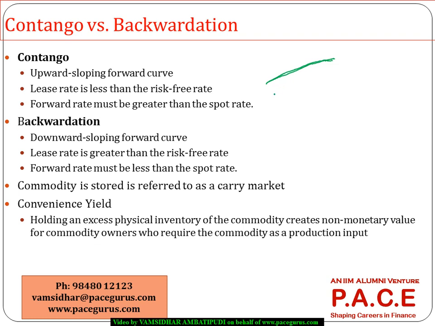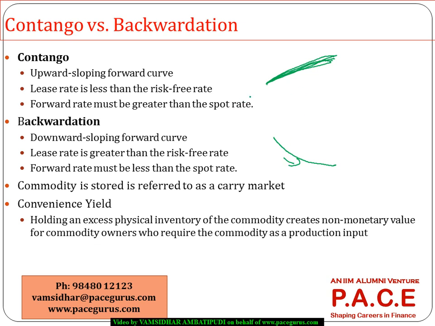Someone would be interested. See, when you are in a short position, you would expect that the market prices will fall. If the futures price is going to rise like this, it means that in the future the price of this particular commodity is going to increase. Whereas when I talk about backwardation, the futures price keeps decreasing like this, so I am expecting that the price of the commodity is going to fall in future.